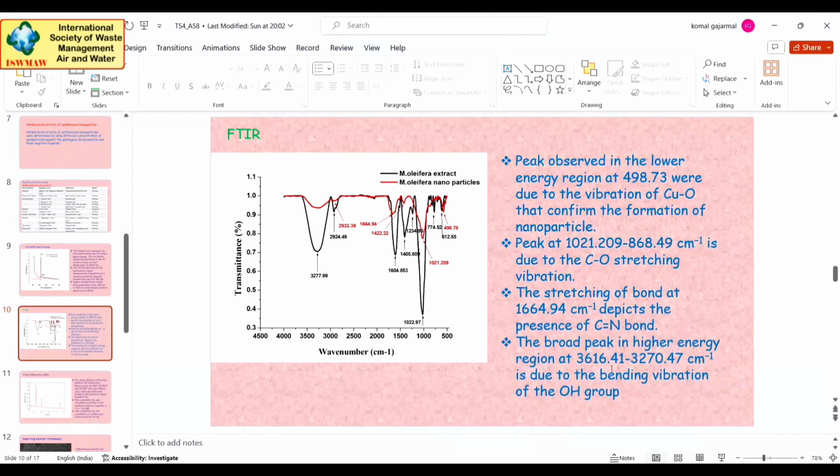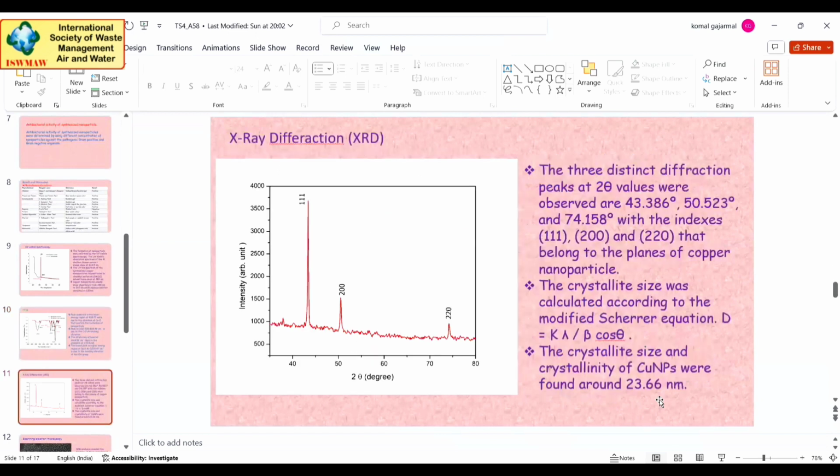The broad peak in the higher energy region, that is 3616 to 3270, is due to the bending vibration of the hydroxyl group. This is the result of X-ray diffraction.